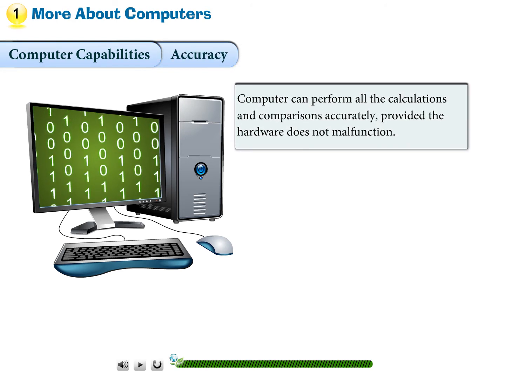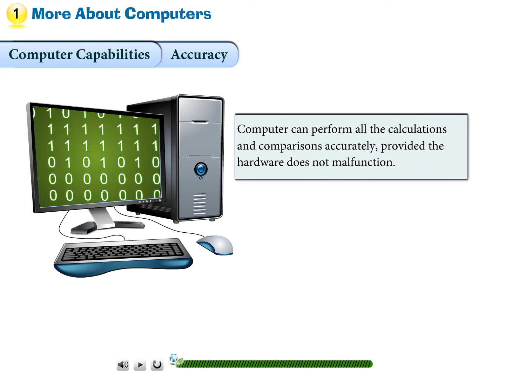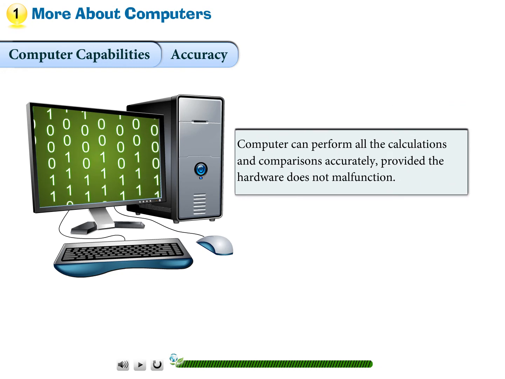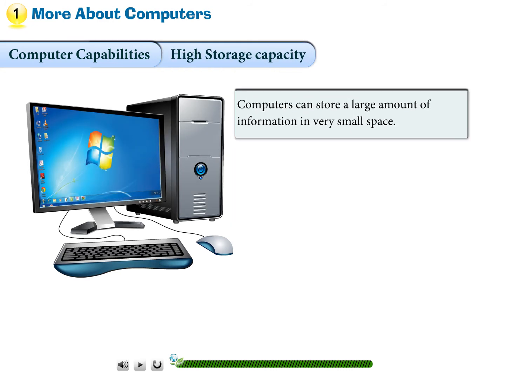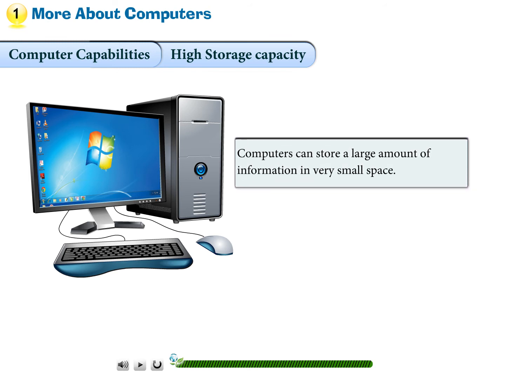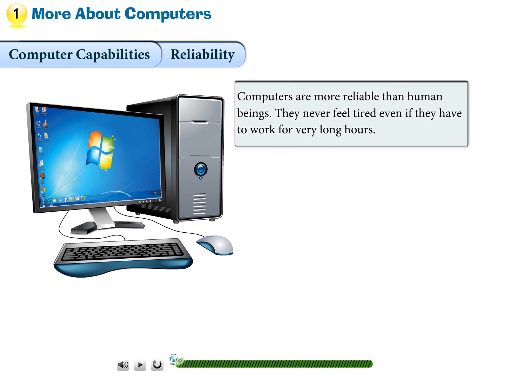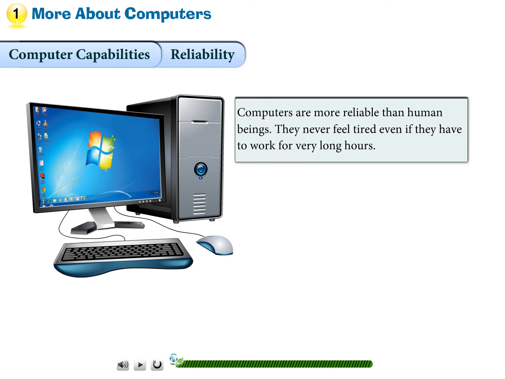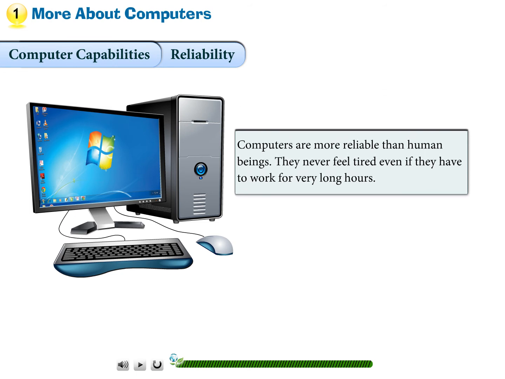Computers can perform all the calculations and comparisons accurately, provided the hardware does not malfunction. High storage capacity. Computers can store a large amount of information in very small space. Reliability. Computers are more reliable than human beings. They never feel tired, even if they have to work for very long hours.